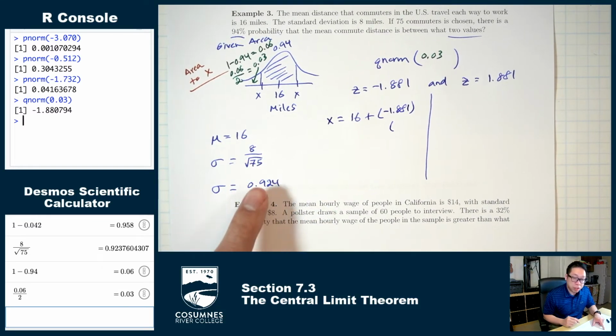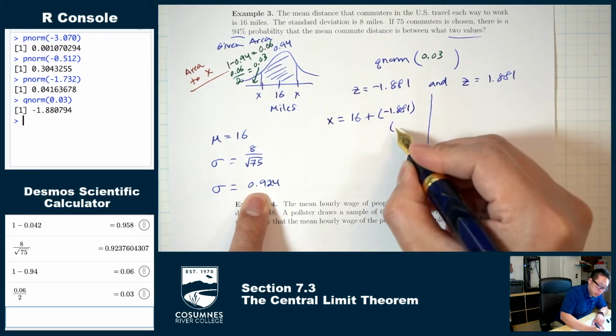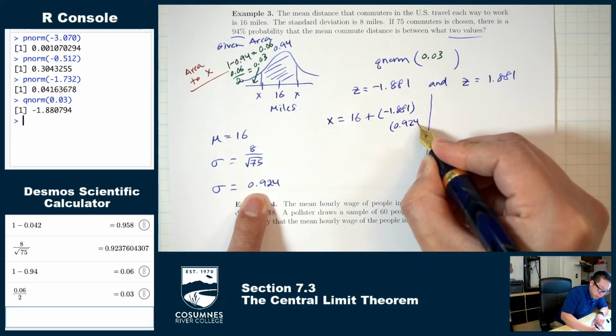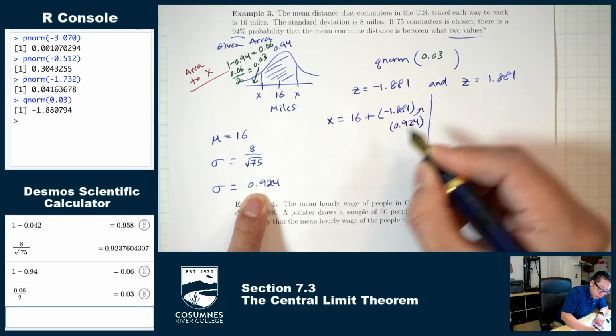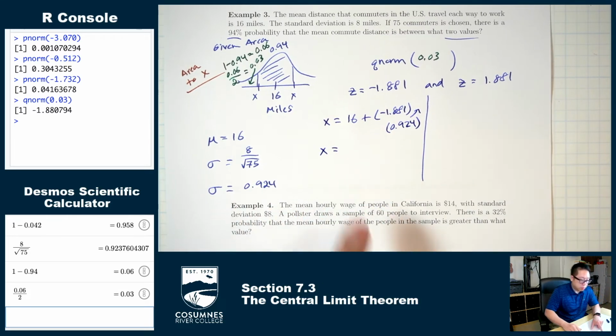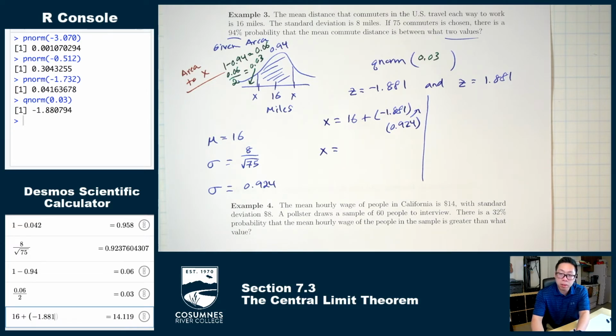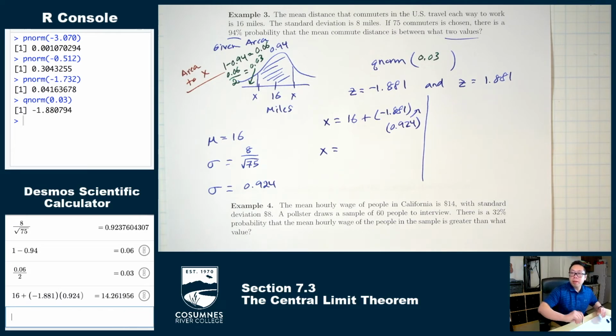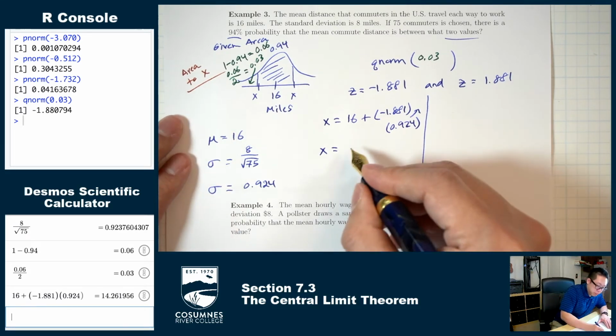We use the adjusted one, which is 0.924. So 16 plus, parentheses, negative 1.881 times 0.924 is 14.262.